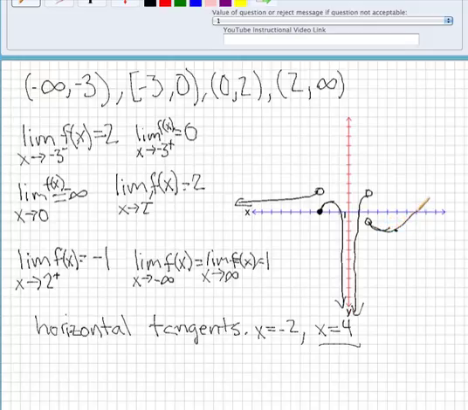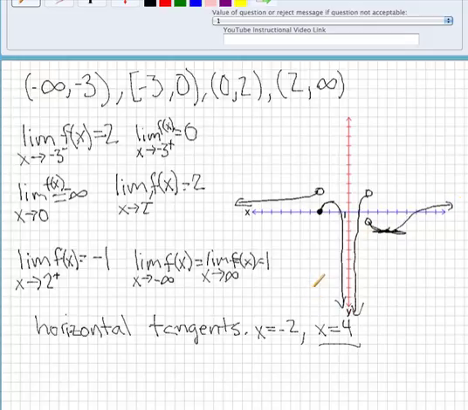And then it comes down, and then at positive 1, it curves off a little bit. So at 4 right here, it curves and has a 0 slope. So that's what our graph looks like once we take all these things into consideration. So the last part from 2 to infinity, as it goes to infinity, it gets closer to y equals 1.